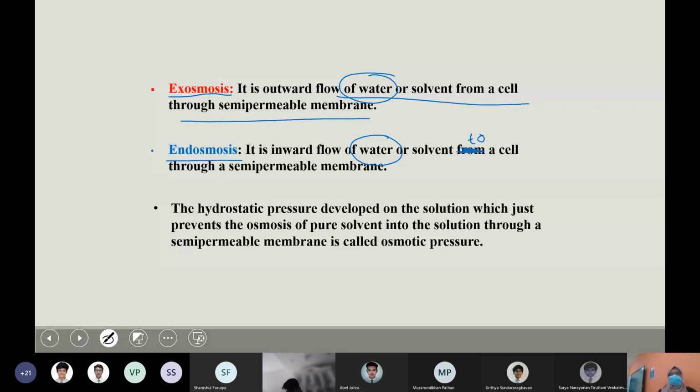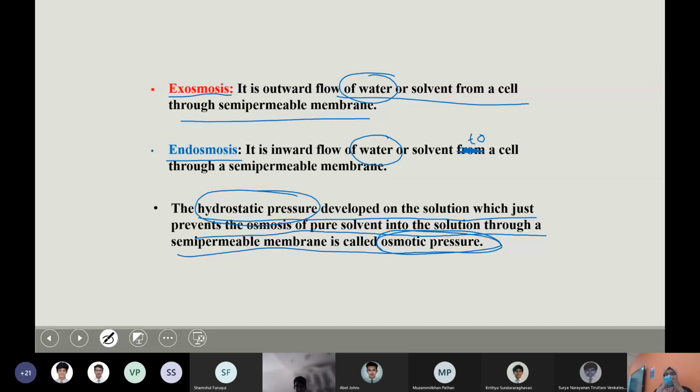So there will be a hydrostatic pressure developed on the solution, which just prevents the osmosis of pure solvent into the solution through a semi-permeable membrane, and it is called osmotic pressure. That's what we already defined yesterday in the class, what is osmotic pressure. But if it is because of the water movement, that is what is called hydrostatic pressure.